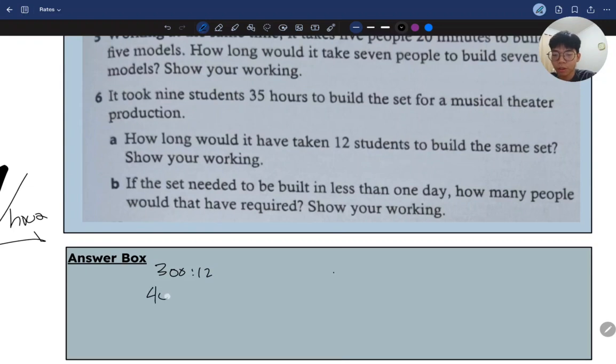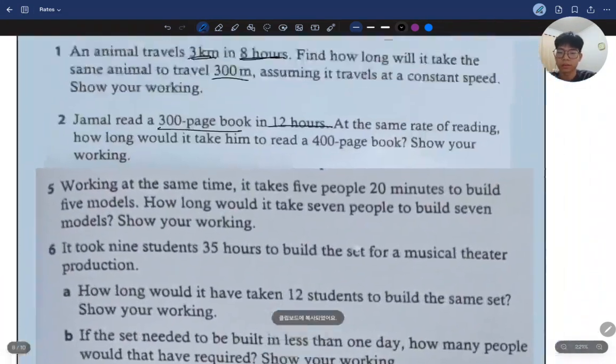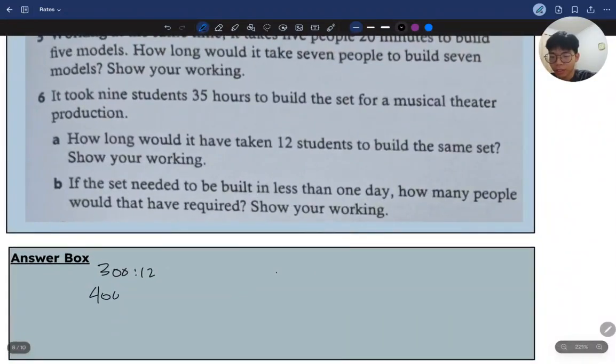How long will it take for a 400-page book? Firstly, we should find the rate per hour.